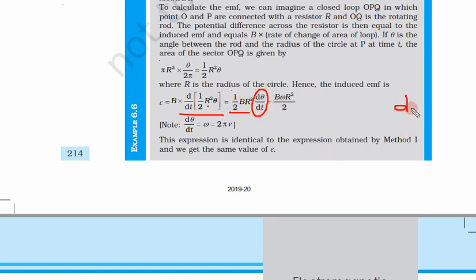Now we have learned in rotational motion that d theta upon dt is equal to angular velocity, omega. So we get half B R square omega, that is B omega R square upon 2. This is exactly equal to the previous expression, since d theta upon dt is equal to omega.